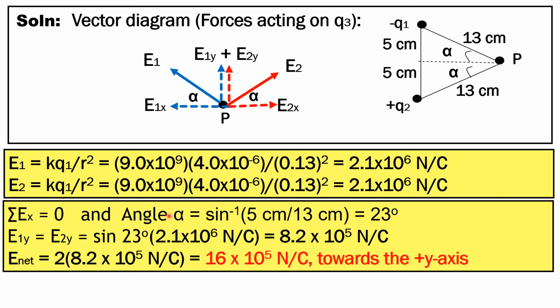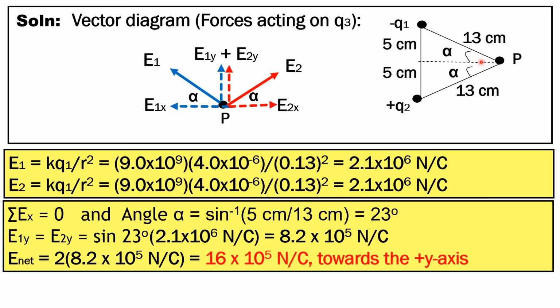Using the definition of sine of the angle alpha, we can determine the value of alpha based on our original illustration. You will notice that angle alpha is formed by the distance which is the hypotenuse of the right triangle we can imagine here. So alpha is the angle formed by 13 centimeters and the opposite side, which is 5 centimeters.